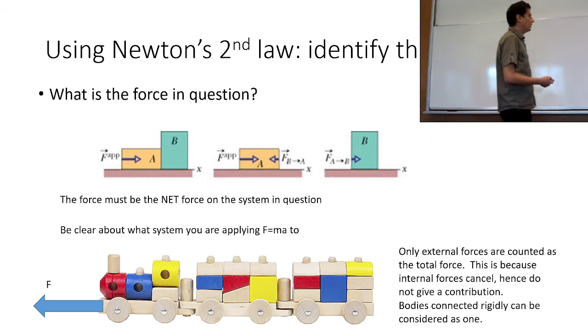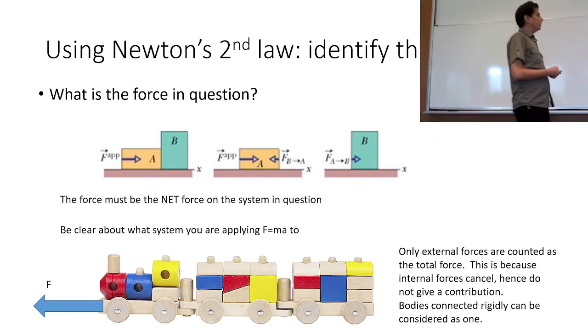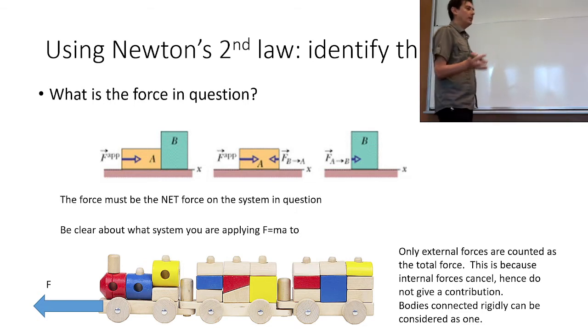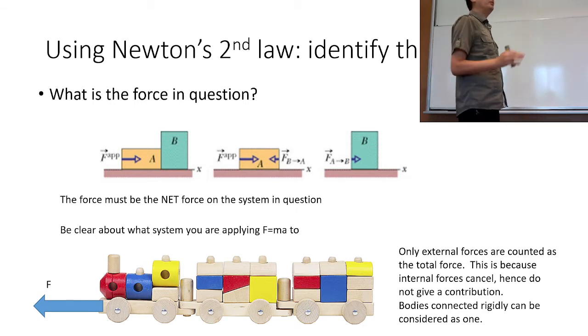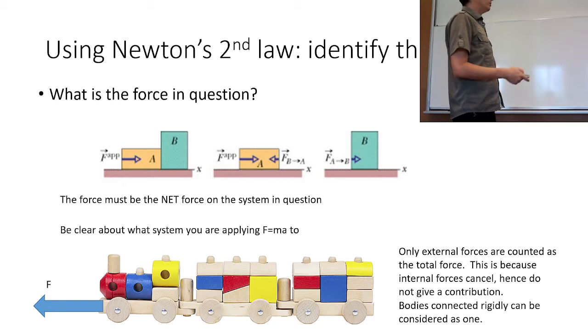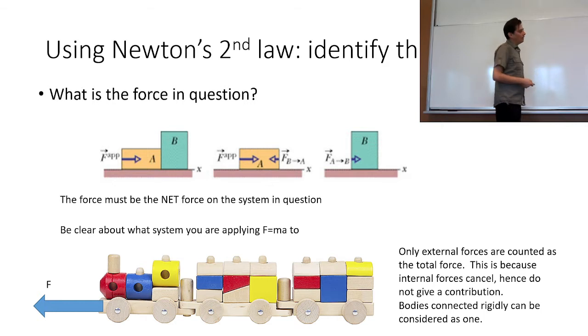these problems. So firstly, be clear about what system you're actually applying Newton's laws to, because you could apply it to many different situations. So even in this one, there's maybe 3 ways that you can apply it.